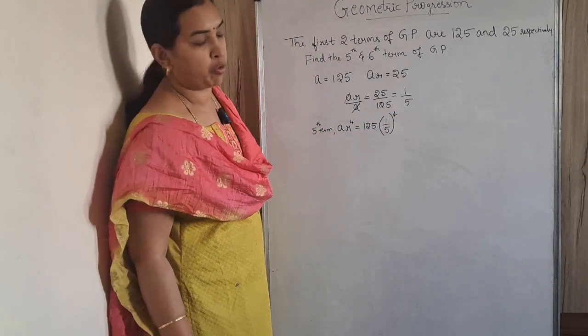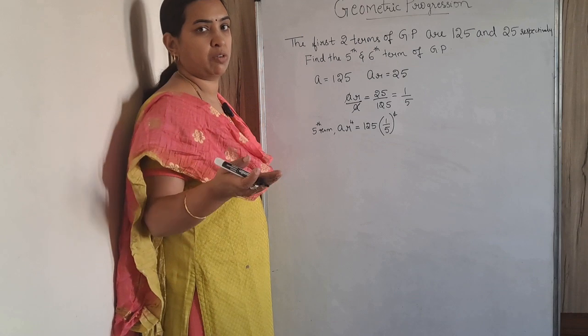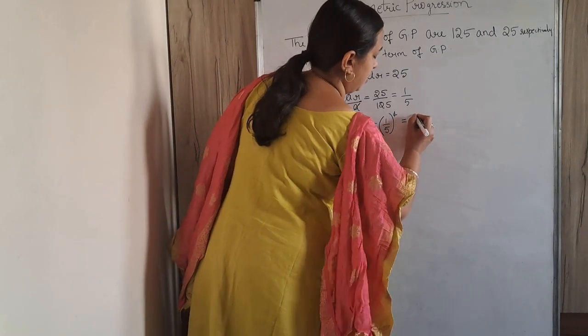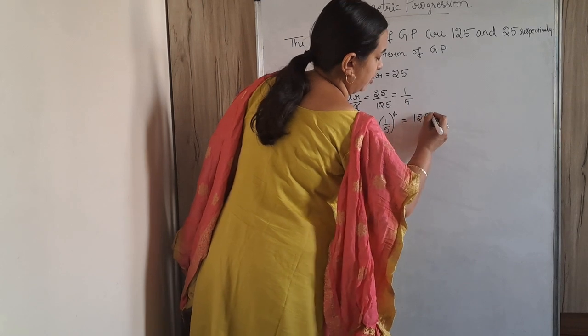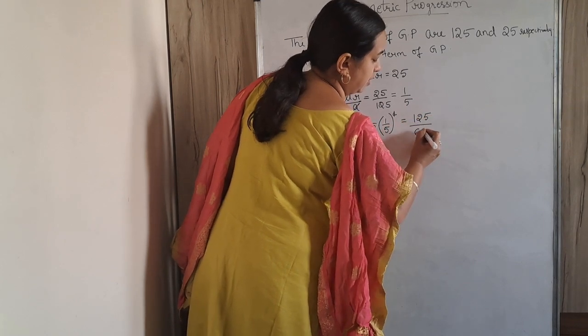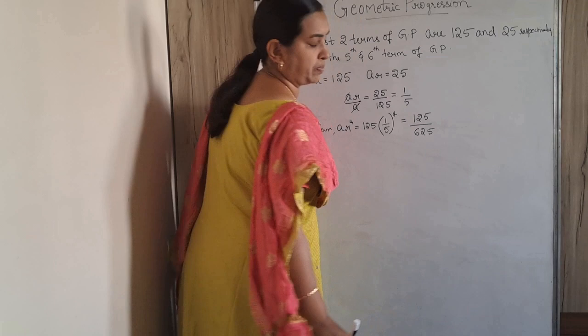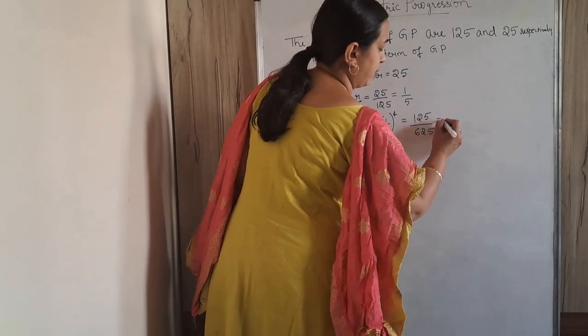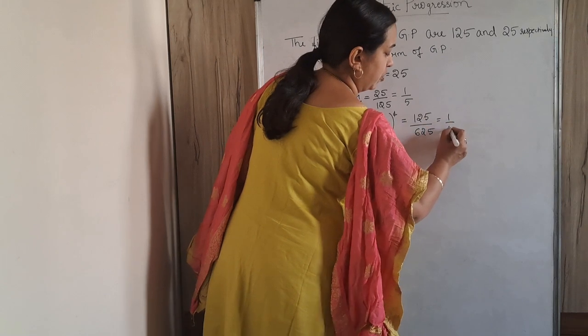What is 5 power 4? 5 5s are 25, 25 5s are 125, 125 5s are 625. So this will be 125 divided by 625. This will get cancelled and this will be equal to 1 by 5.